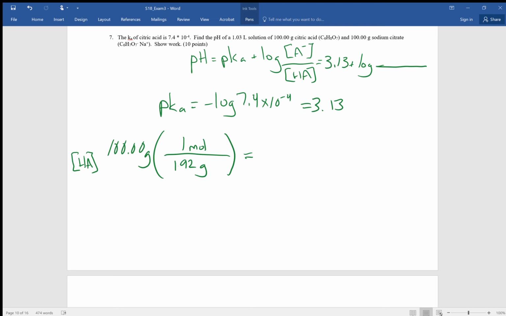Upon doing that calculation, we find we have 0.52083 moles. Now to find the concentration, we just need to divide this by the volume of 1.03 liters. And that tells us our concentration of acid is 0.505 molar. So we can now plug that in our equation for HA.